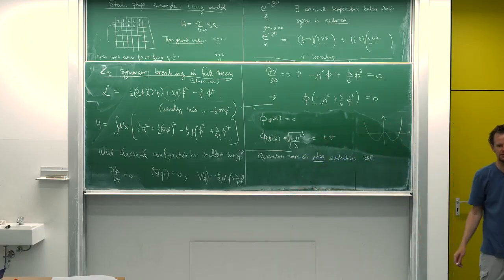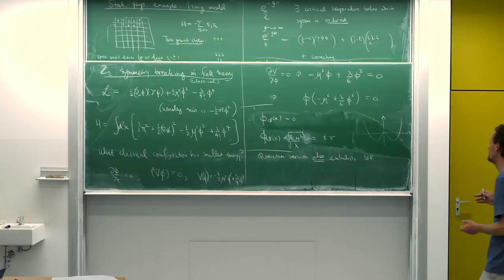And there the intuition is the following. So in the case of the single particle in the double well, the quantum version had a restored symmetry. The ground state was separated from the first excited state by a gap. Small gap, but a gap.